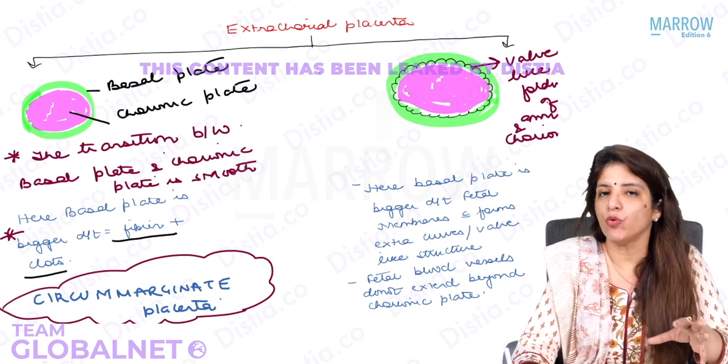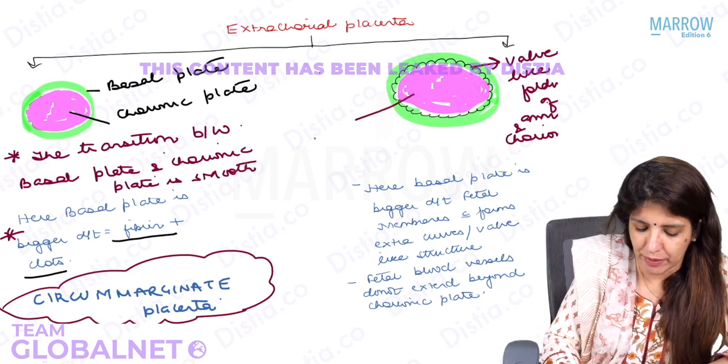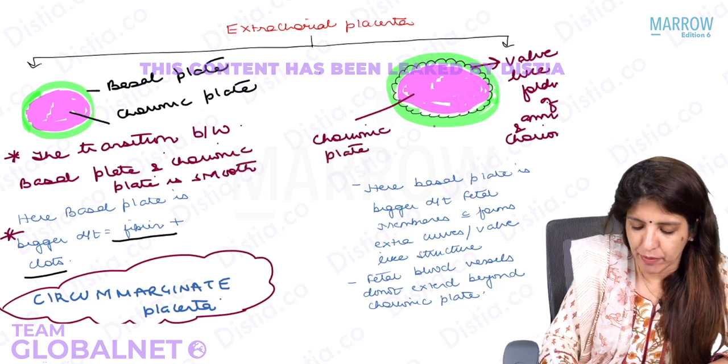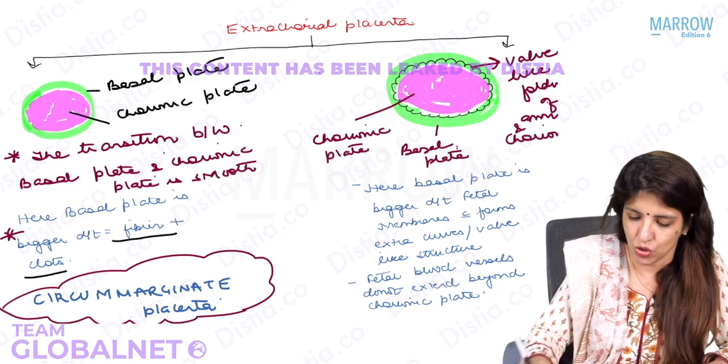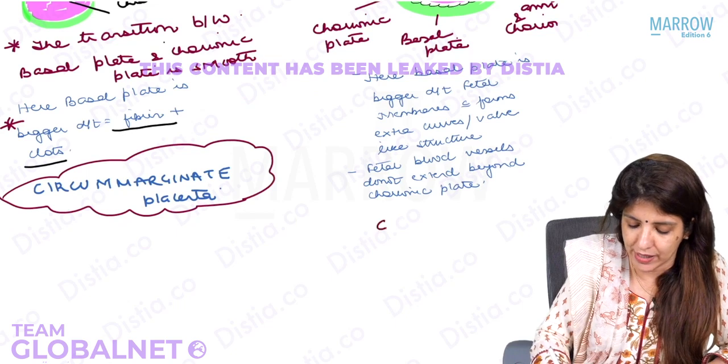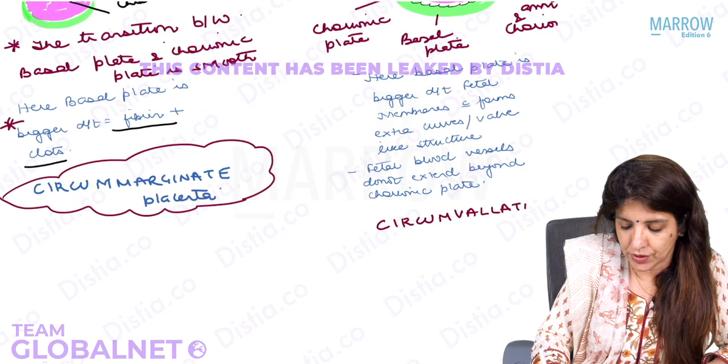Right? And if you are getting, between the fetal plate, that is between the chorionic plate and the basal plate, a valve-like folding, then that is your circumvallate placenta. Circumvallate placenta.